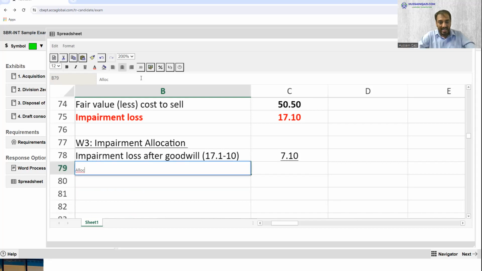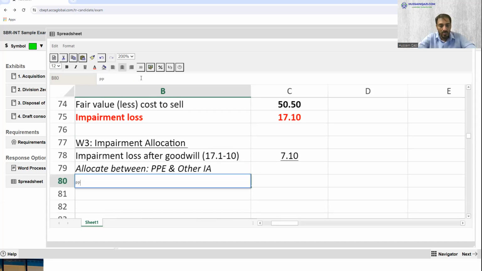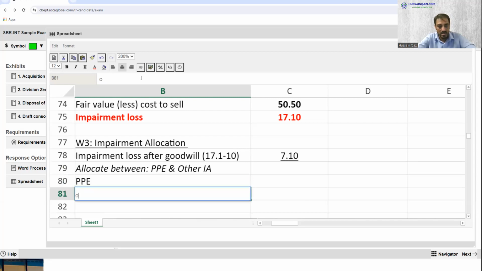So allocate between PPE and other intangibles. Property, plant, equipment, other intangible assets.